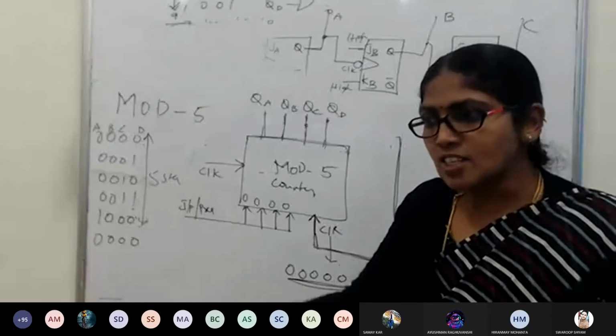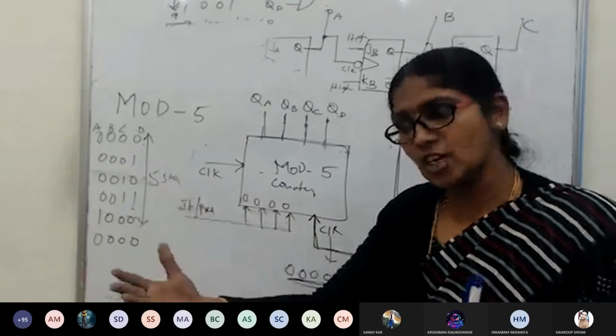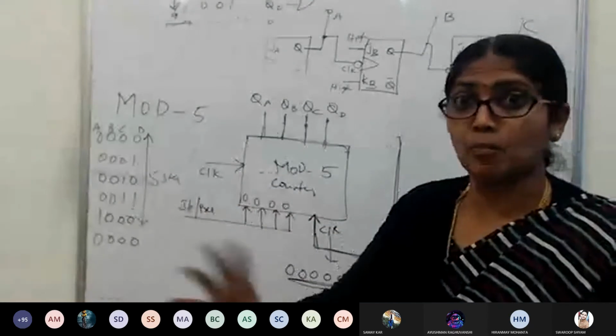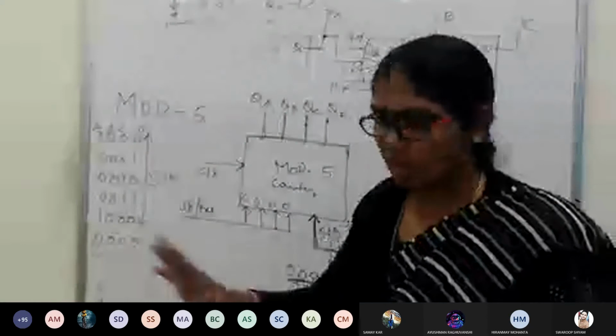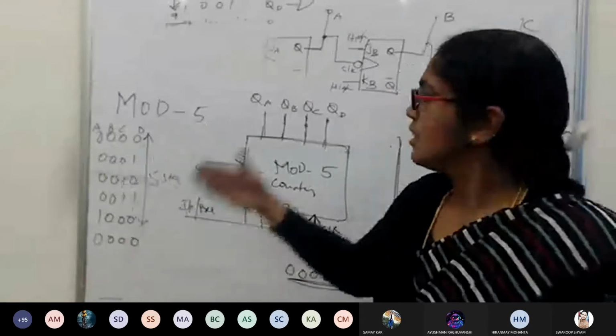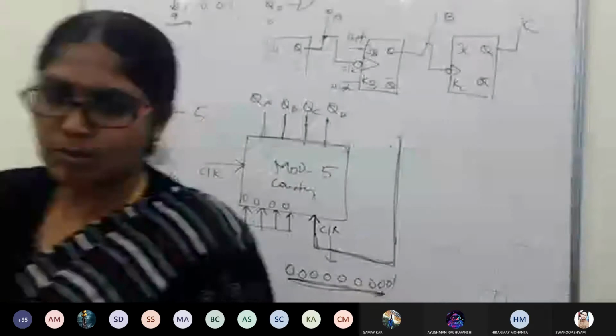With asynchronous, you can nicely manage the time delays also. It is a delayed version or you can quicken it also, depending upon the clock and the input connections and the external connections, everything. Then from there again, mod counters have come.